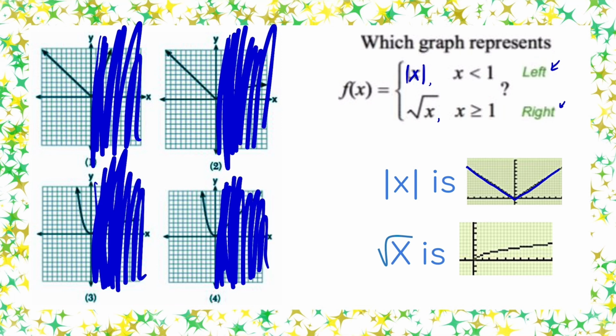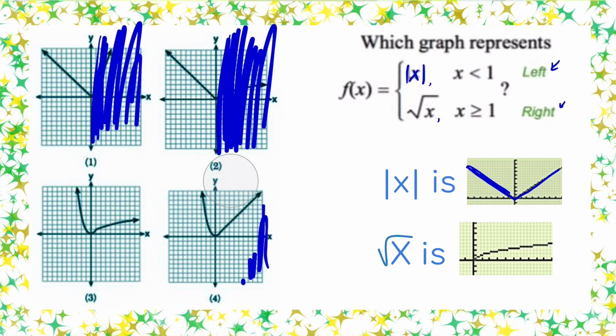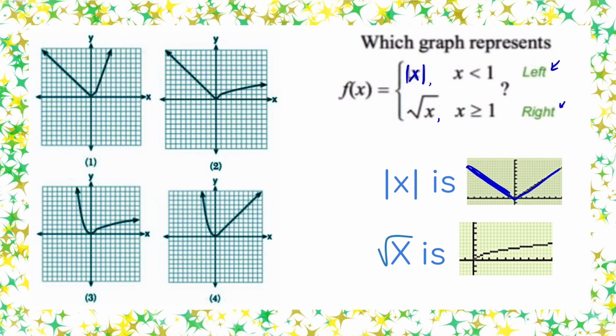Which choices look like this on the left side? That's going to be choices 2 and 1, because they have the absolute value graph on the left. These just don't. So I can get rid of choices 3 and 4.